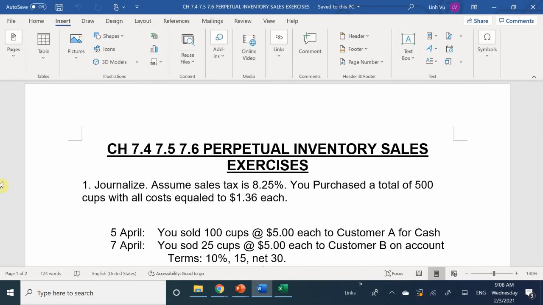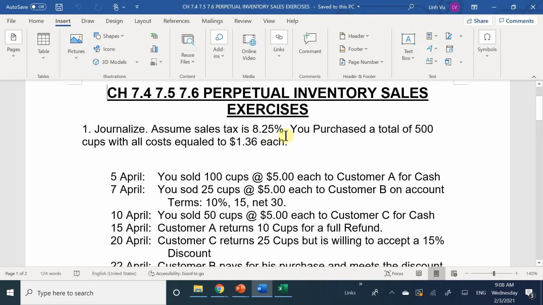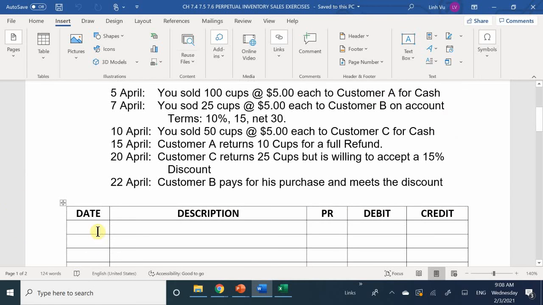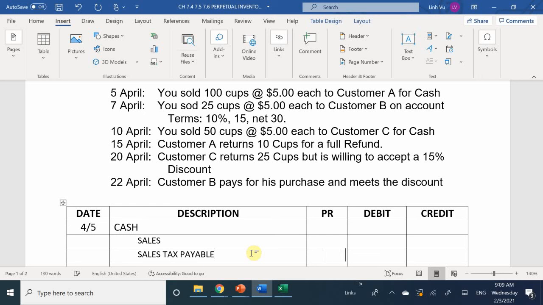Let's take a look at our first sale here. On April 5th, you sold a total of 100 cups at $5 each to customer A for cash. So cash, sales, you have to recognize your sales, and sales tax payable.